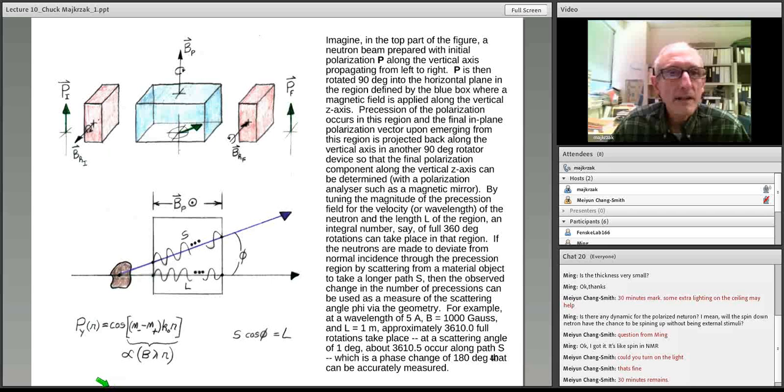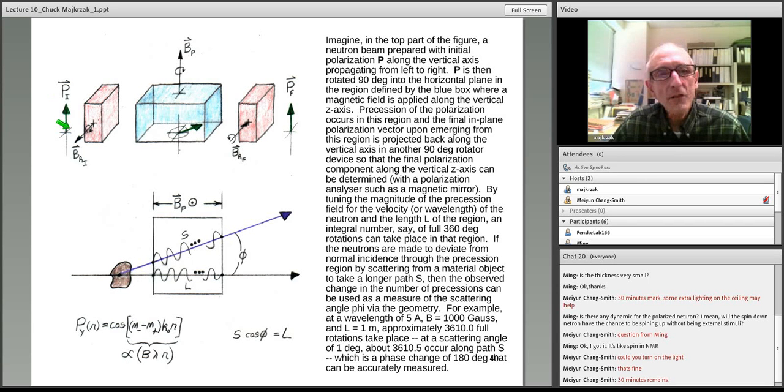Imagine, on the left, a beam coming in from left to right, and let's presume we used one of those polarizers to get this beam into a perfectly polarized condition, with spin-up along the positive vertical z-axis.